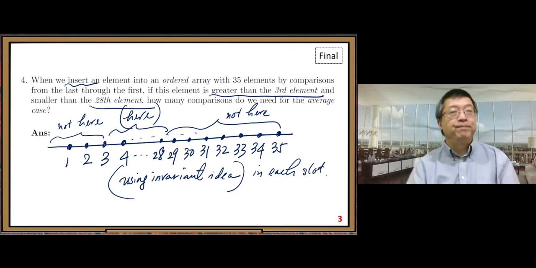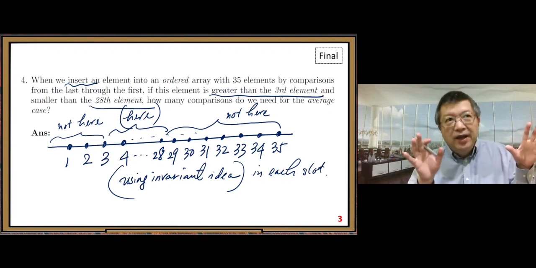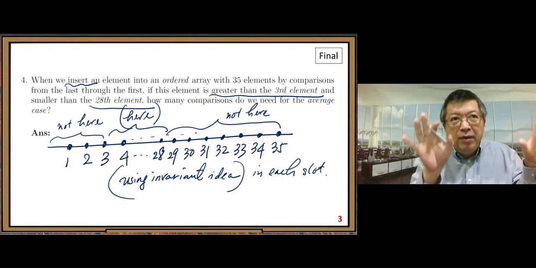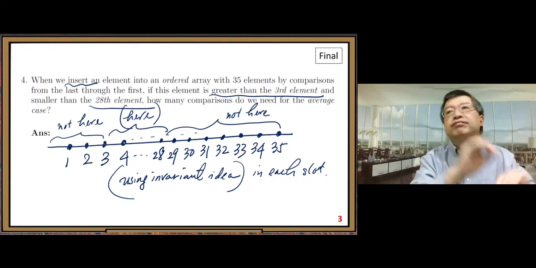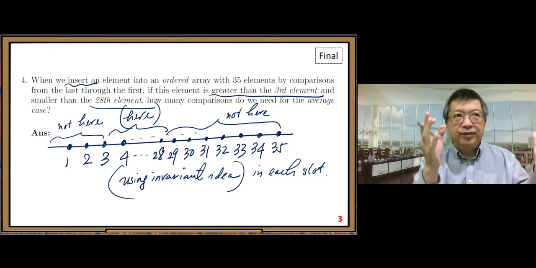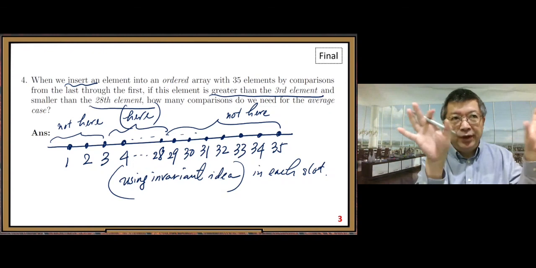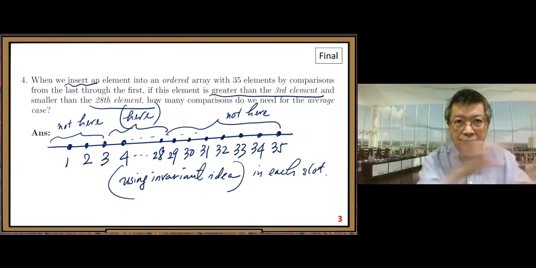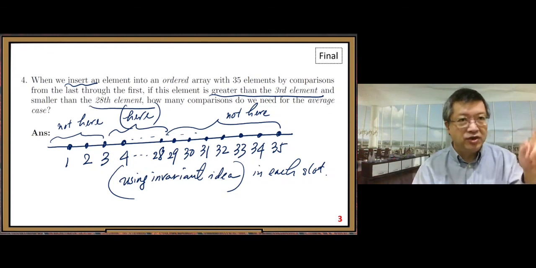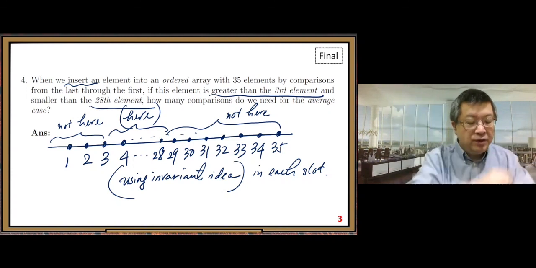Finally, add up the total number of comparisons, then divide by the number of cases. That's all you need for question number 4. All right, so we finish this video D.4.